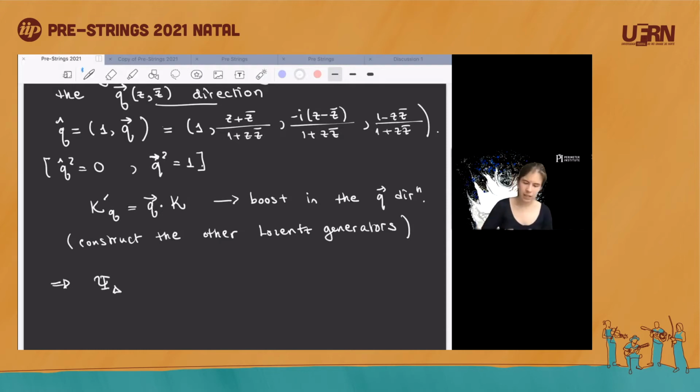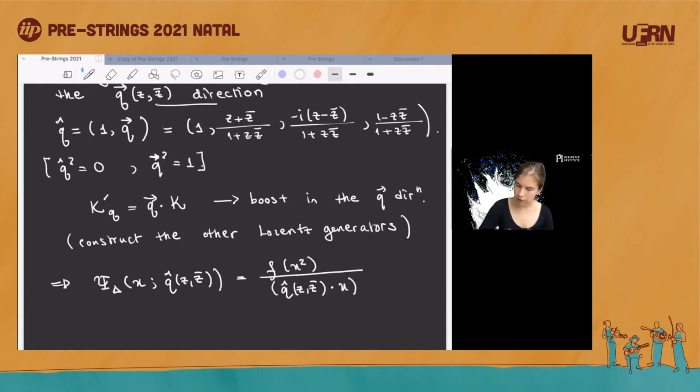an eigenstate which also obeys the highest weight condition is now going to be labeled not just by a point in spacetime X, but also by this vector Q hat pointing towards a point on the sphere. So again, by the argument before, this is going to look something like Q hat(z, z bar) dotted into X to the delta.